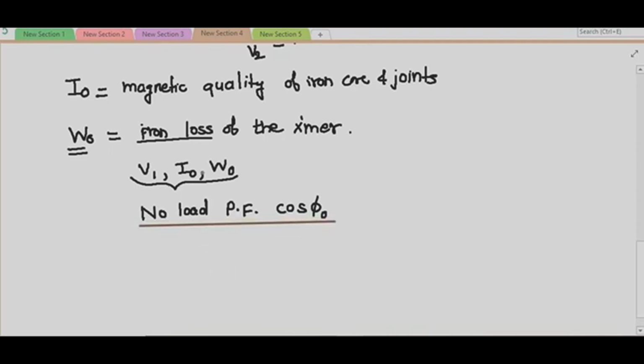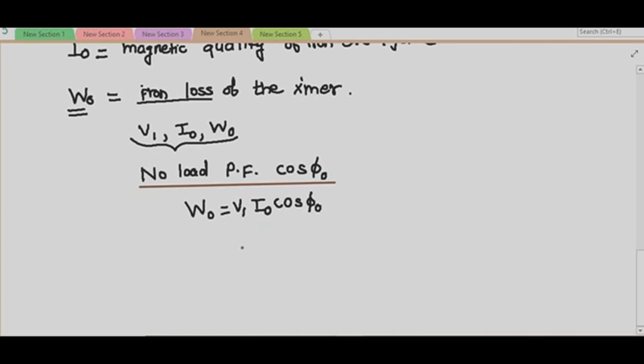See, what is your W0? W0 we can write down in single phase power. What is the formula for single phase power? V I cos phi. What is the voltage on the primary side? V1. What is the current on the primary side? I0. The angle between V1 and I0 is phi 0. So I can write V1 I0 cos phi 0.